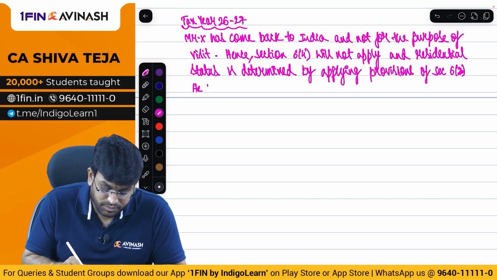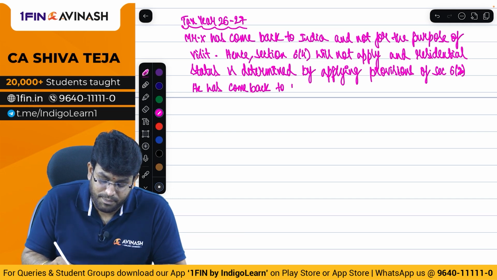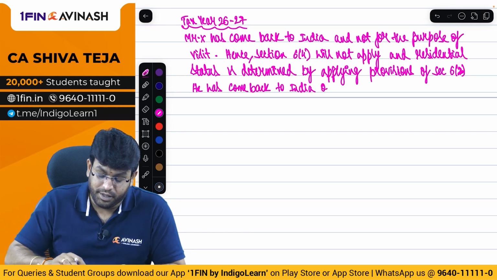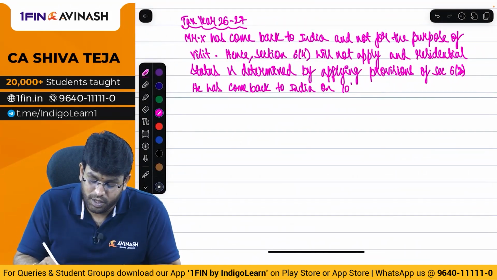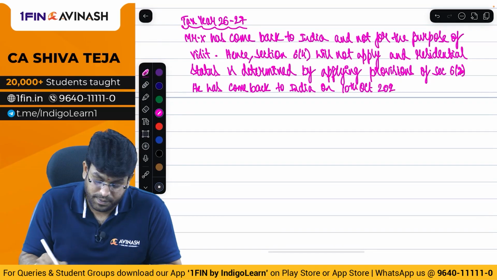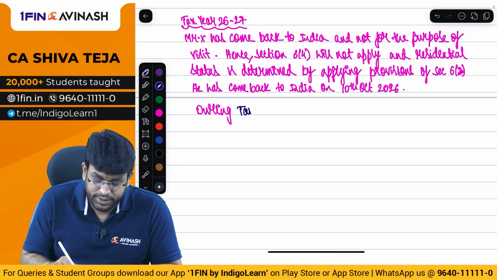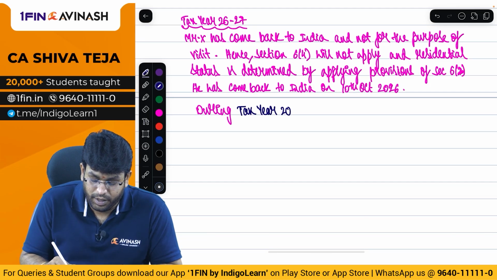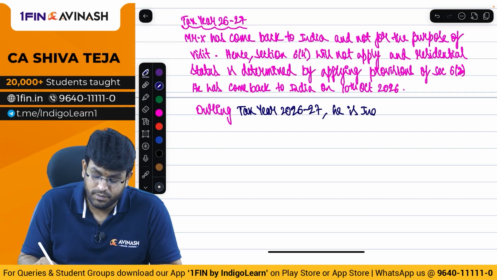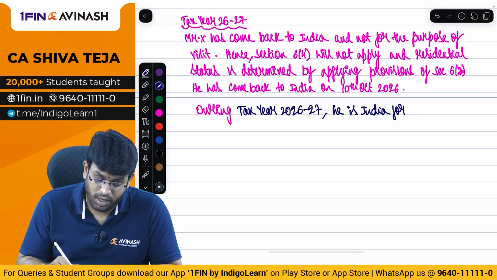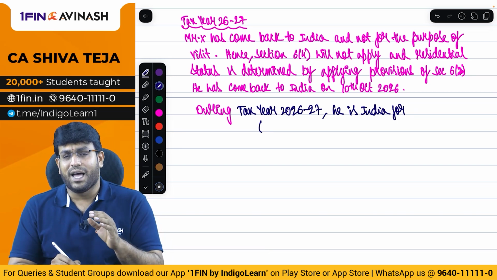Now tell me, he has come back to India on which date? Already we have seen that. He has come back to India on 10th October 2026. So during tax year 2026-2027, he is in India for how many days? 10th he has come back, so October totally we have 31 days.